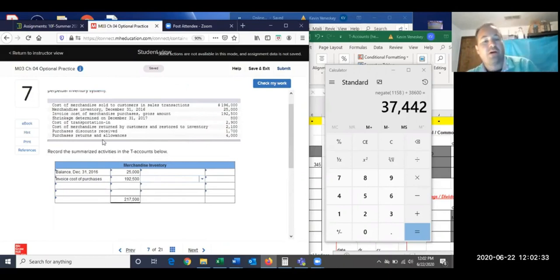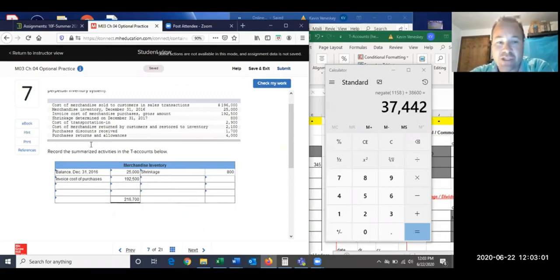Shrinkage determined on December 31st. That means something happened to the inventory, whether it was maybe stolen. Somehow $800 of inventory is no longer on our shelves. We don't know what happened to it. Perhaps it went down in value, it got scuffed. We don't know, but no matter what it is, we call it shrinkage. And we take away on the credit side $800.